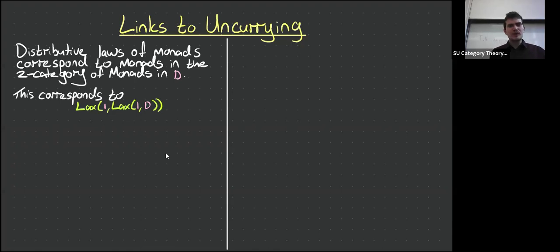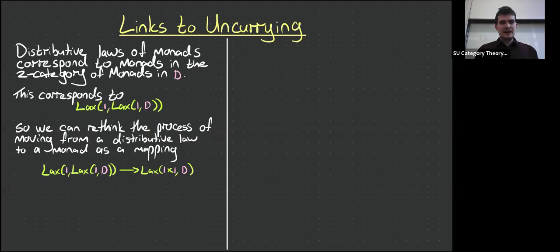And so in that case, what we've described so far is a mapping from lax1, lax1D, the distributive laws, into, again, this bifunctor, when we think of this in the bifunctory form, into lax1 times 1 into D. And so is there something here, basically? Is this a little more general, or can we generalize this?